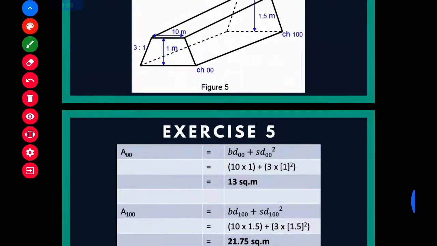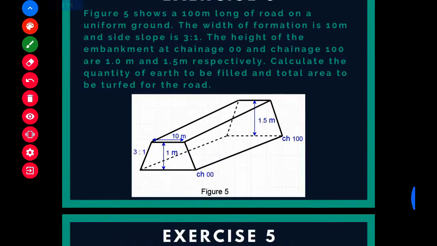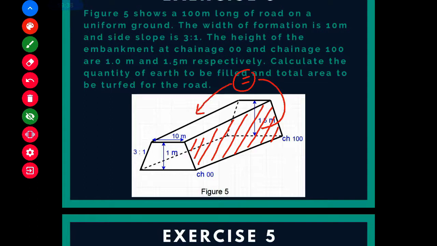Next, we are going to solve for area to be turf. So meaning that you need to determine the area here. Okay, so based on this figure, we know that the area to be turf at this side will be the same with the other side.